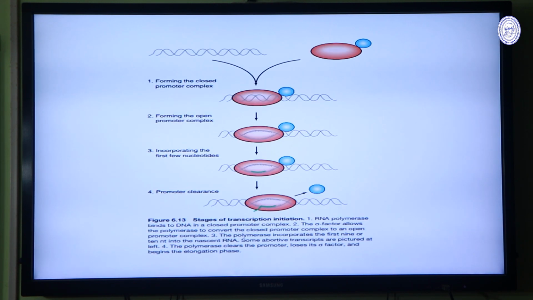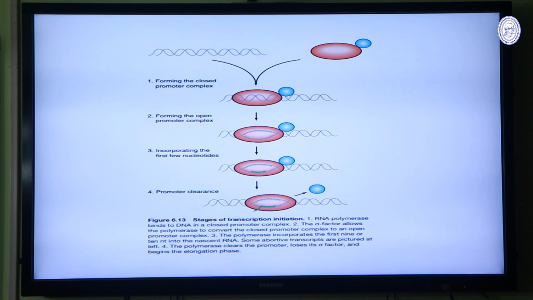Now, the sigma factor can be recycled. In this figure you can see the double stranded DNA, that is the promoter sequence, bound with the holoenzyme complex. The sigma factor is designated in blue color and the core enzyme in red color. In forming the open complex, there is strand separation or unwinding of the DNA, then incorporation of the first nucleotides, or the initiation of the RNA chain.